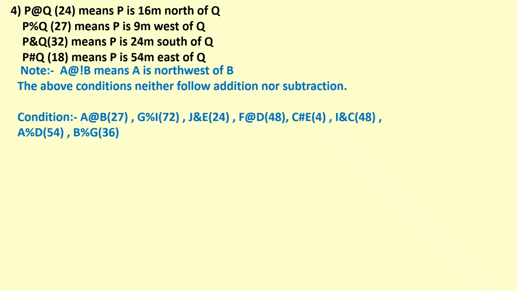So the logic doesn't lie under addition or subtraction. If it's not addition or subtraction, then what could it be? It could be division and multiplication. So try to solve this.